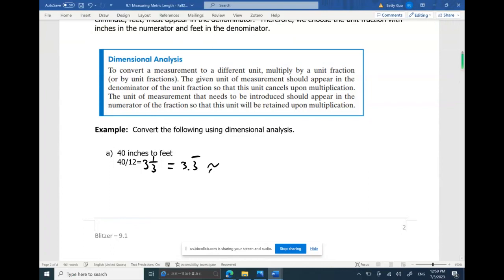Really depends on how you round the number. So if we round it to the nearest tenth, we have 3.3. So the answer is 40 inches is approximately equal to 3.3 feet.